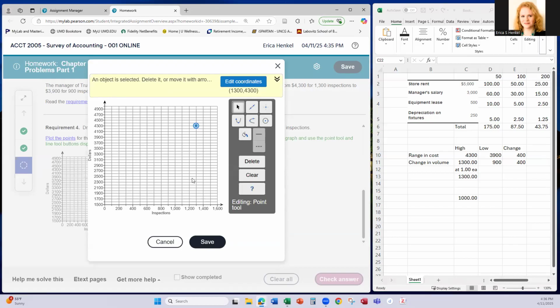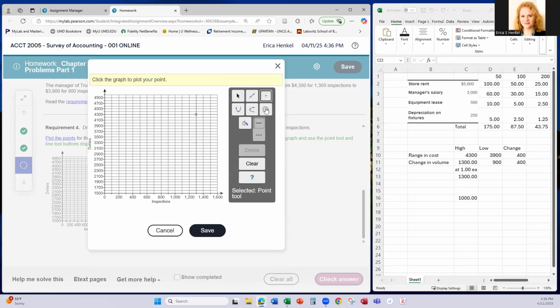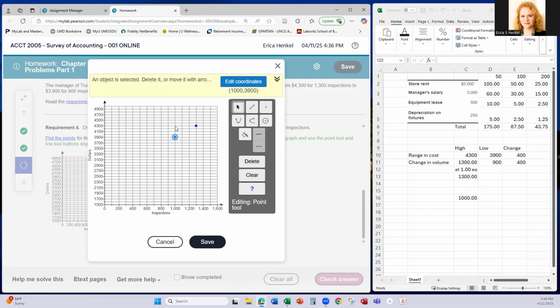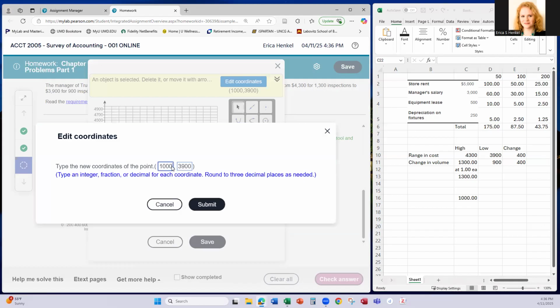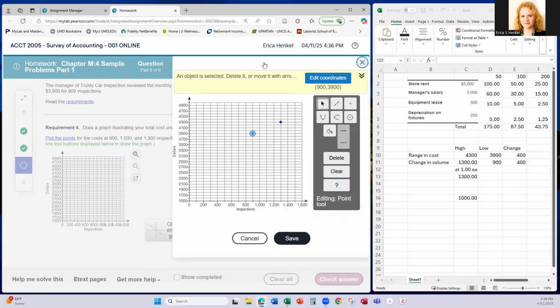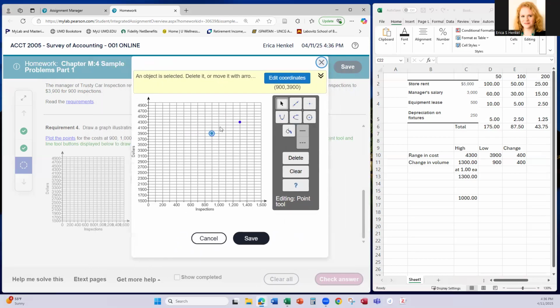And then I'm going to do another one at 900 and 3,900. Oops, wrong spot, edit. 900 is what I wanted. There we go, 3,900 and 900. And then the last one we had was 1,000 inspections and $4,000.